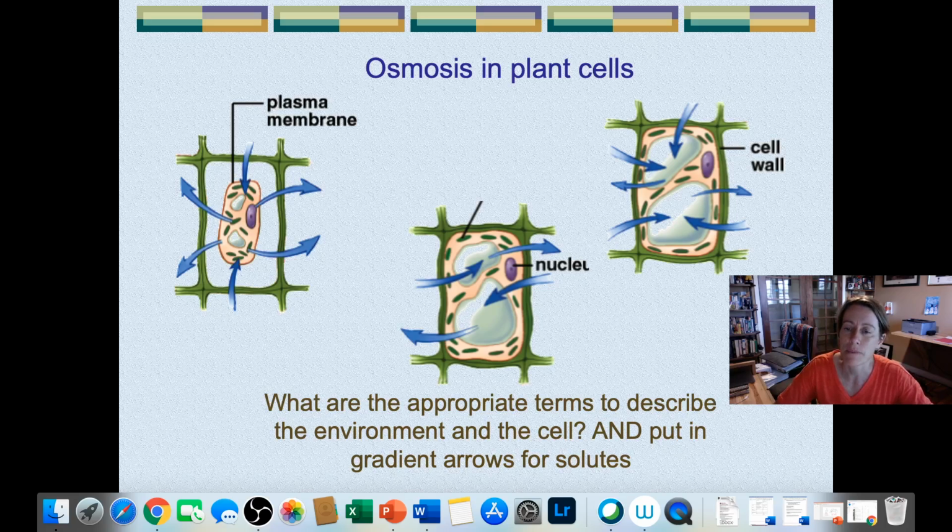And so by looking at which way the water's moving in these 3 examples, see if you can write down on a piece of paper or figure out in your head what sentences you would use to describe these examples. The cell is hyper, or isotonic compared to the environment because water is going whichever direction. See if you can just test yourself and try that out. All right.